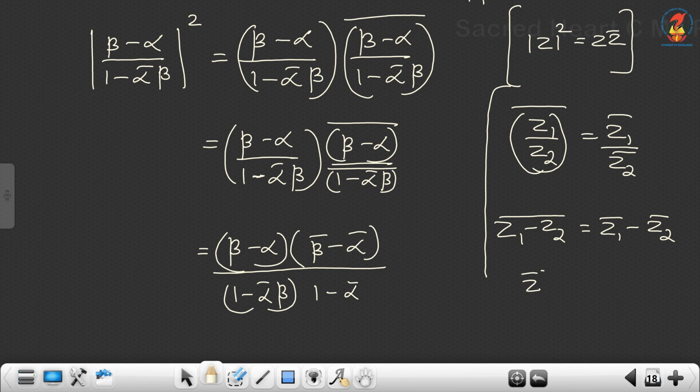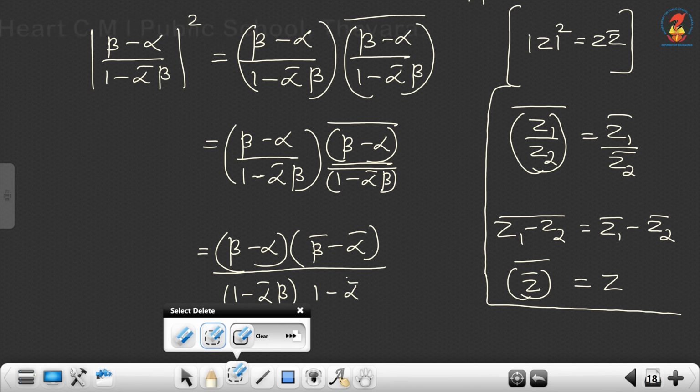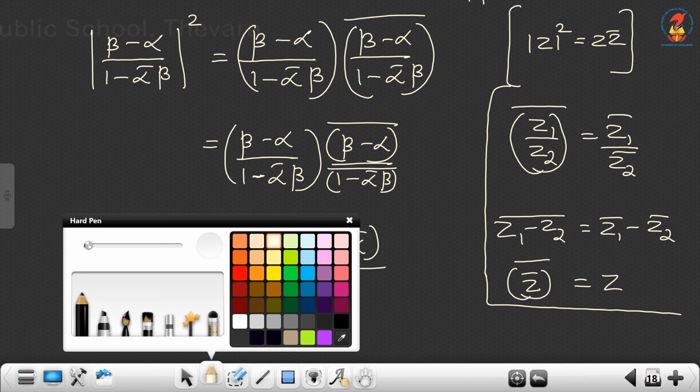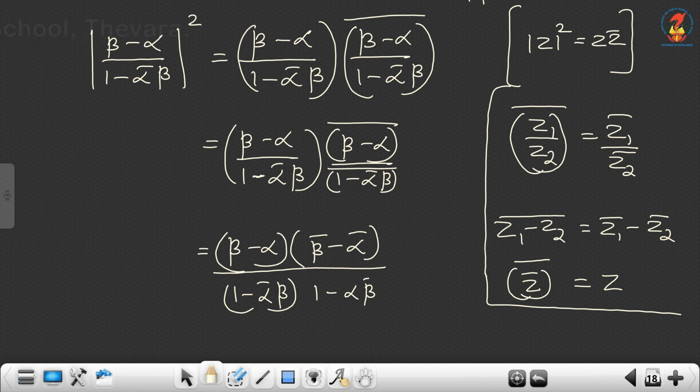Now what is Z bar bar? Z bar the whole bar is Z itself. So here (1 minus alpha bar beta) the whole bar, we can write as alpha bar bar, that is alpha itself, into beta bar.